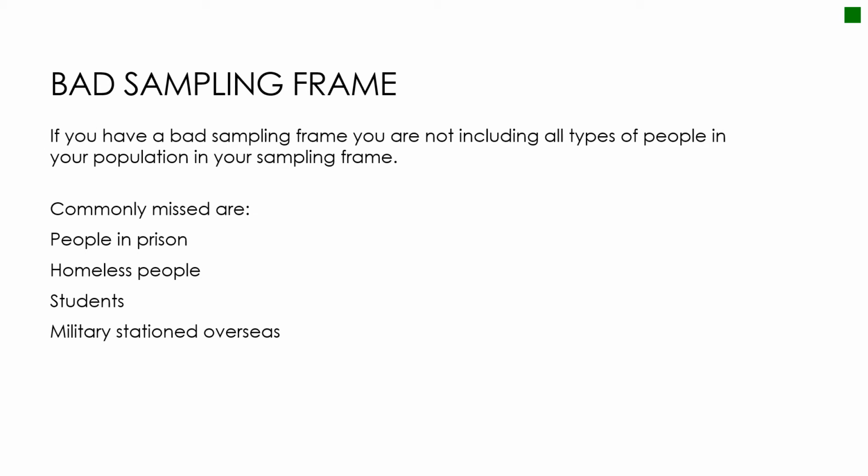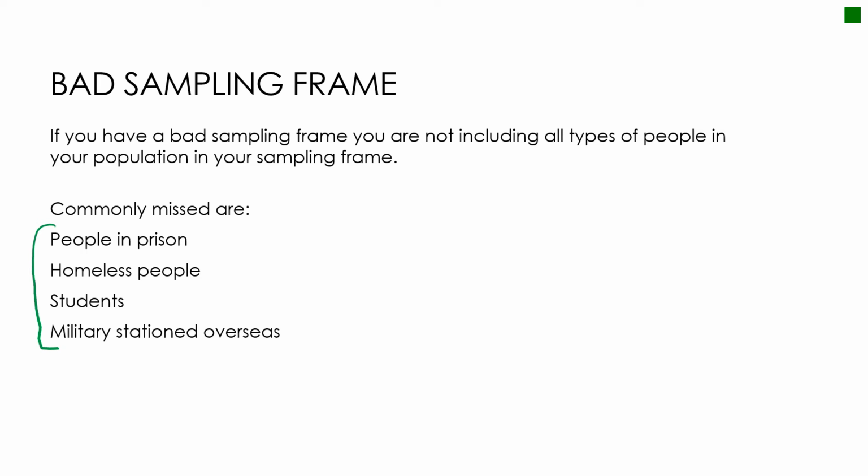A bad sampling frame. If I have a bad sampling frame, I'm not including all types of people in the population in my sampling frame, which means I might be missing people in prison, homeless people, students, people who are stationed overseas. So the sampling frame is essentially the group of people from which you're able to draw a sample.